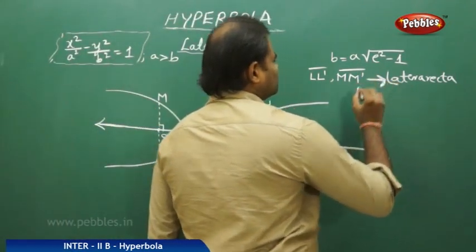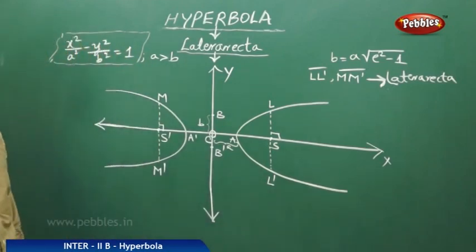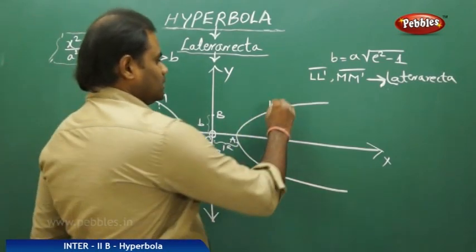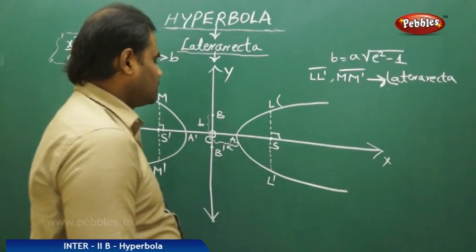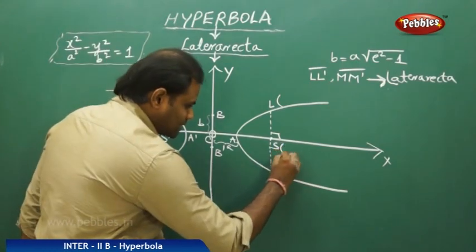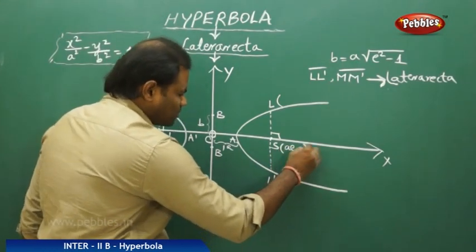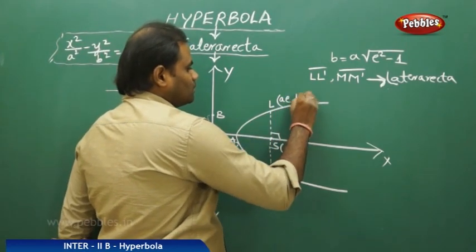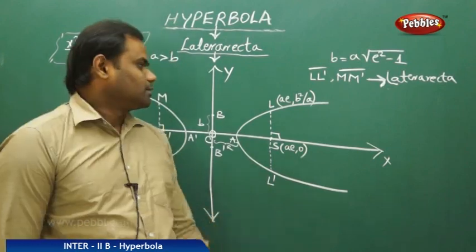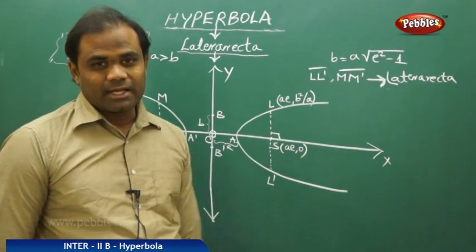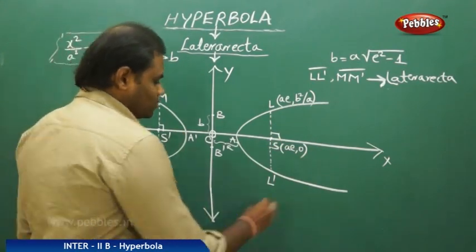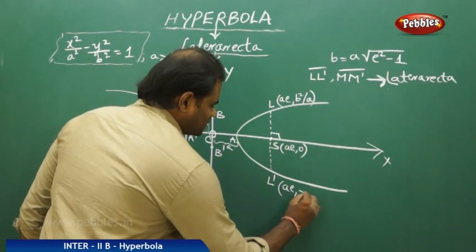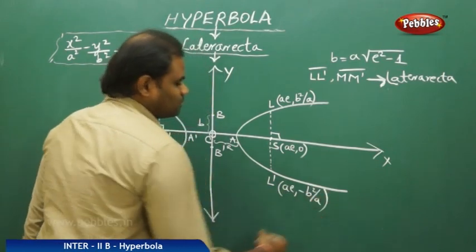So with these two latera recta, let's see what are the endpoints of the latera recta. Now as we know that the coordinates of S are (AE, 0), then coordinates of L are (AE, B squared by A), and the coordinates of L dash are (AE, minus B squared by A).